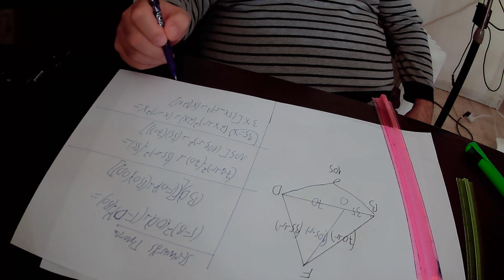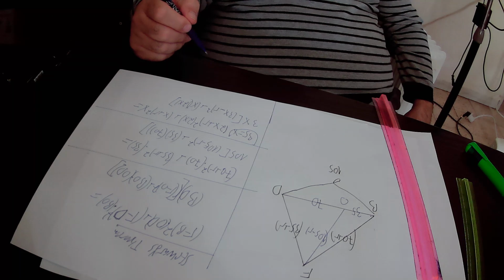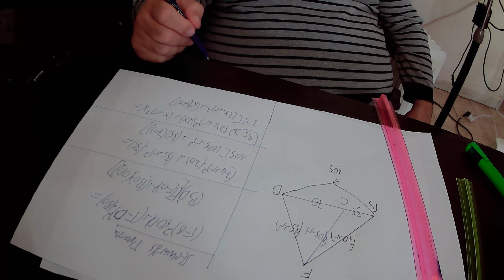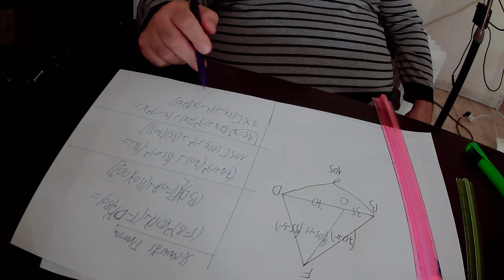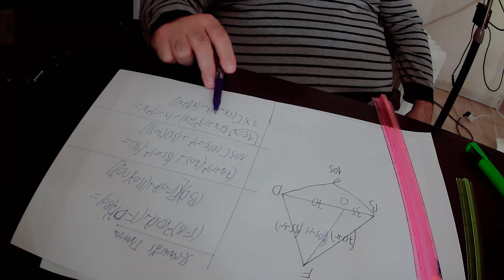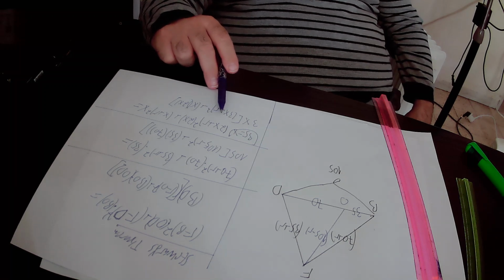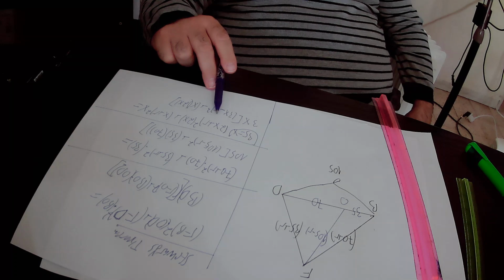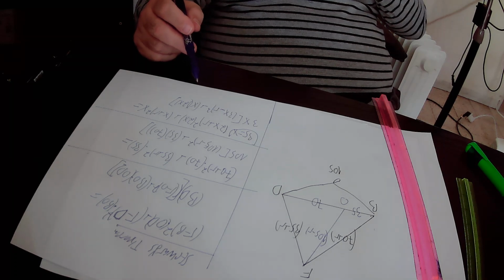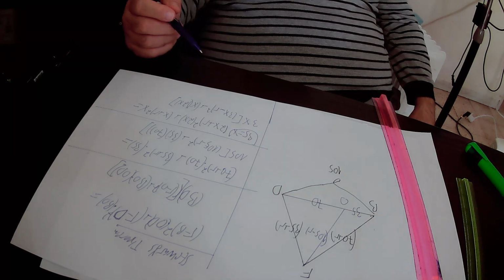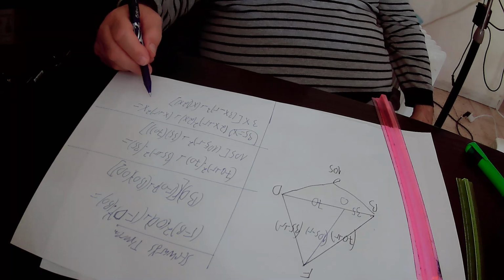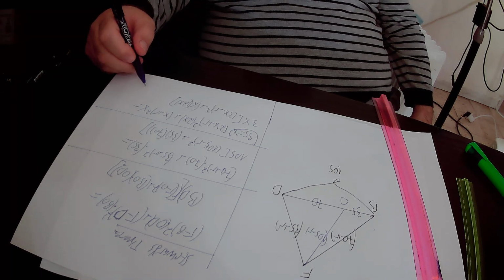Okay. So we will open brackets here, 2x, but before that we will divide this equation by x.